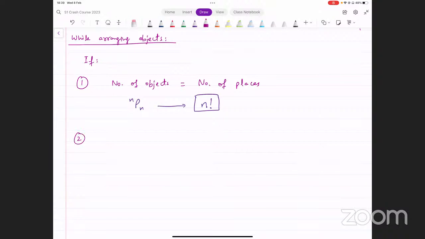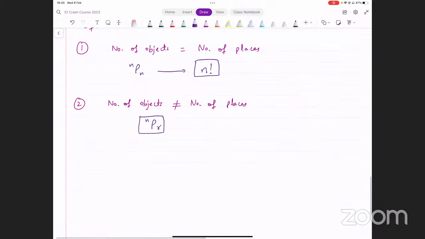But in cases where the number of objects that you're trying to arrange is not equal to the number of places in which you're trying to arrange them, in that case, what you do is you use nPr. You use this notation. But how do you decide what is n and what is r?